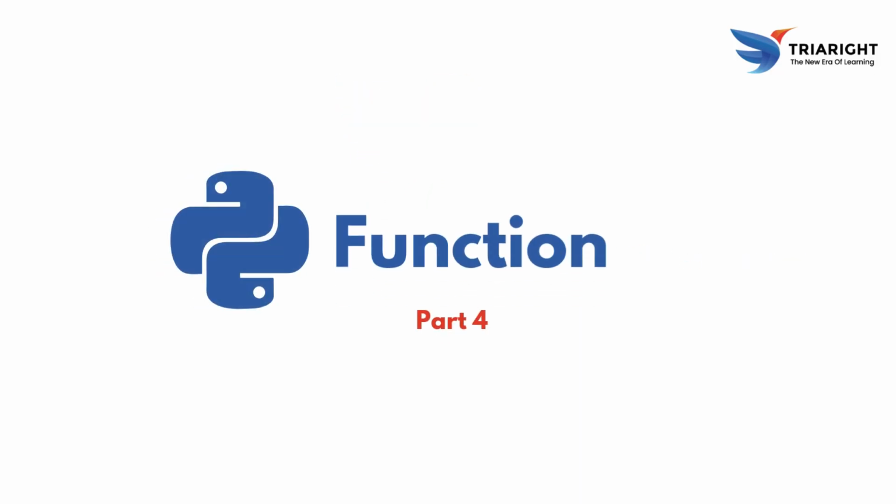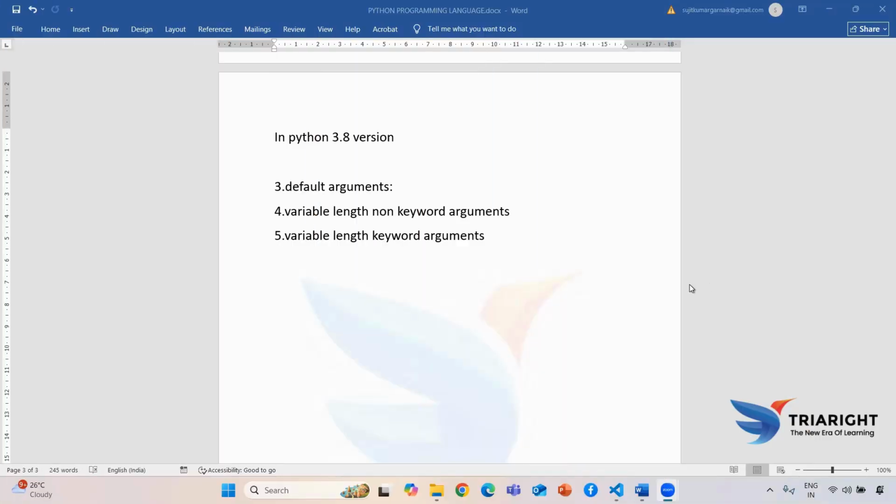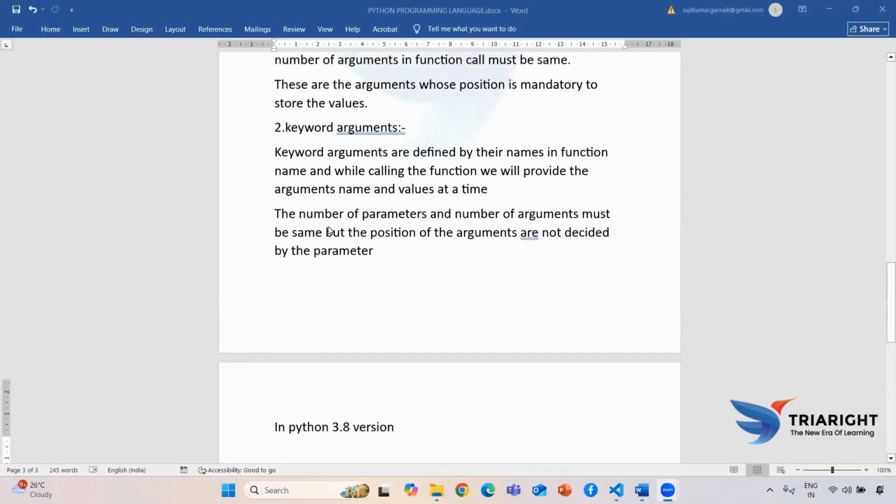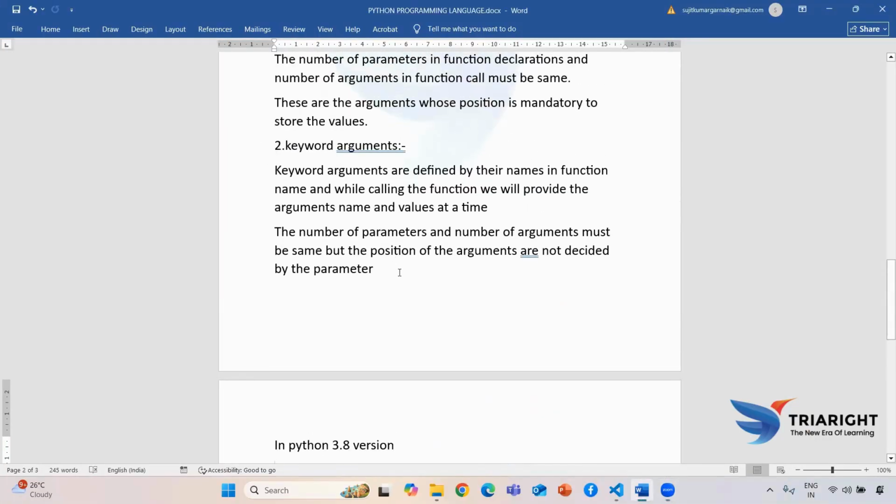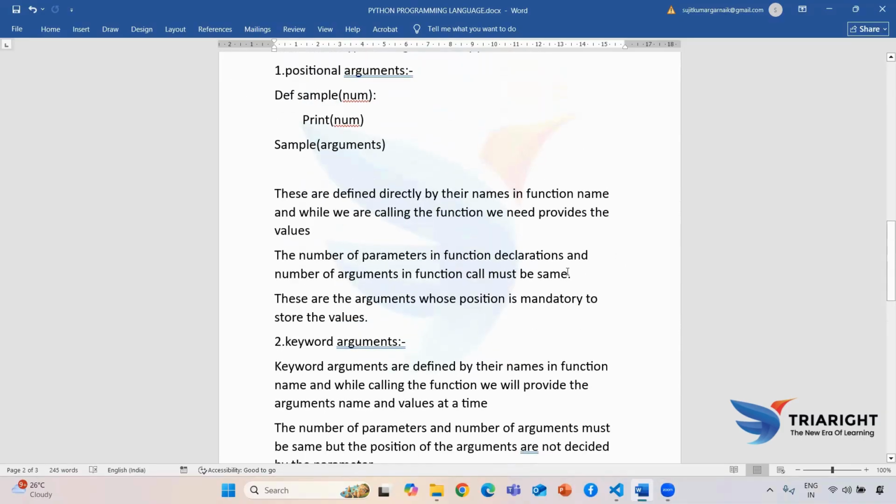In this session, we are going to learn the remaining arguments that are available in Python. As you have seen, we have already covered what a keyword argument and a positional argument are.